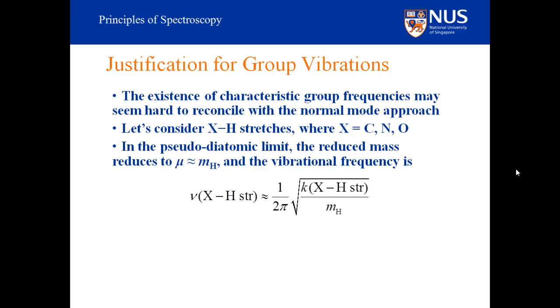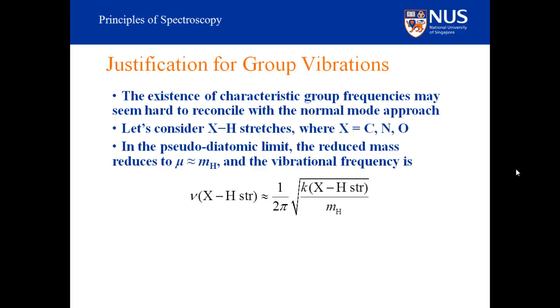Remember that the reduced mass of XH is the mass of X times the mass of H over the mass of X plus the mass of H. Now notice that the mass of X is greater, perhaps much greater, than the mass of hydrogen, the mass of hydrogen being the smallest possible relative atomic mass. What does that mean?